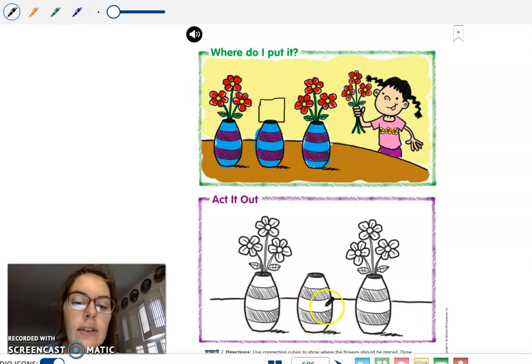Now down here, I'm going to do my best to draw flowers. Remember, if it doesn't turn out the way you want, it's totally okay. So I'm going to draw one big line and some little flowers.